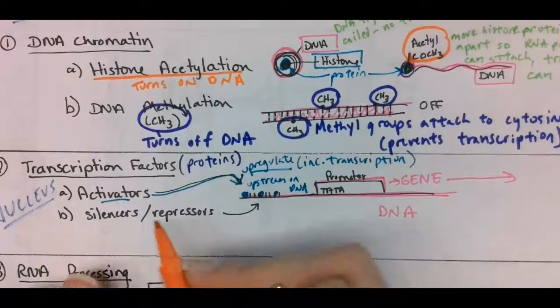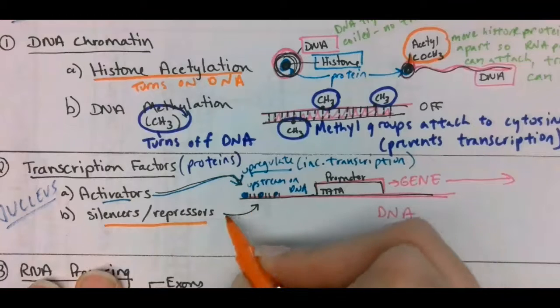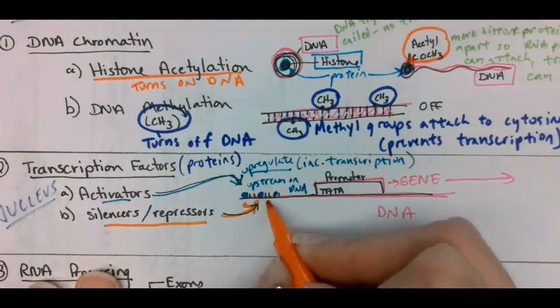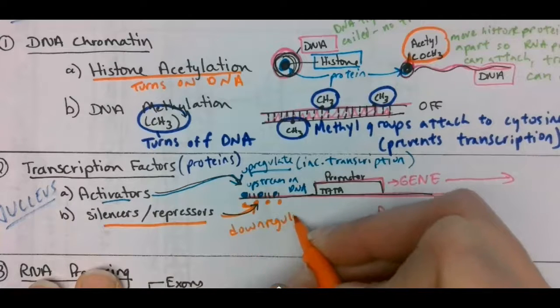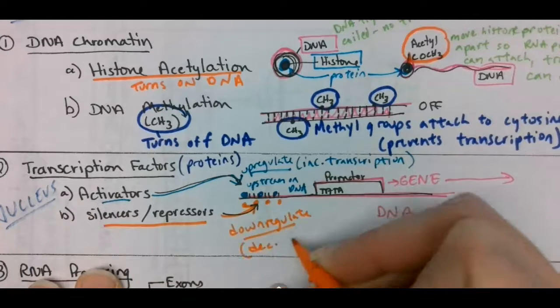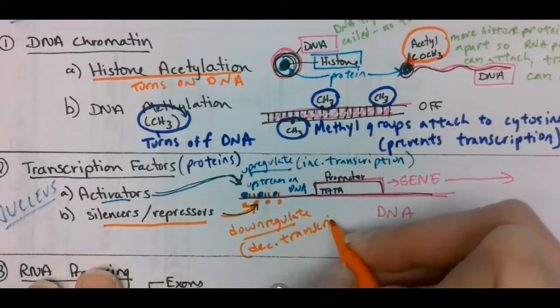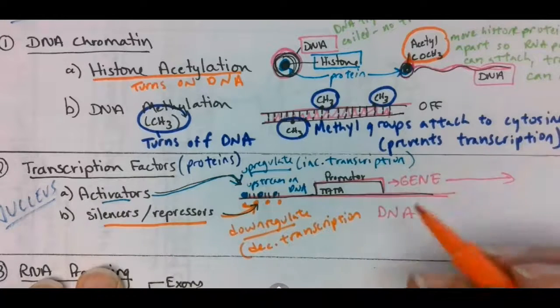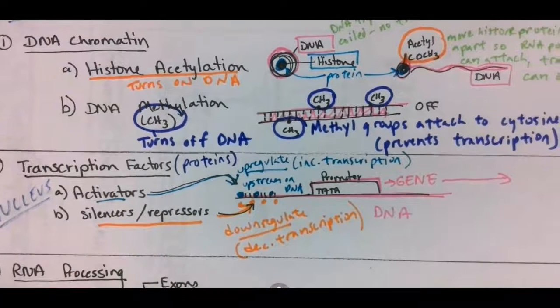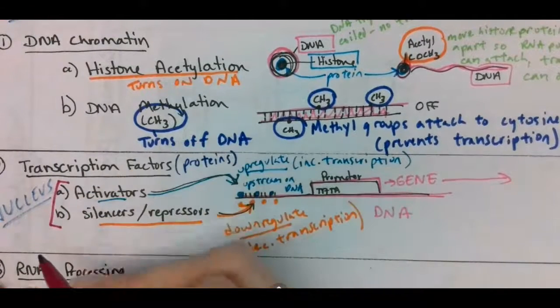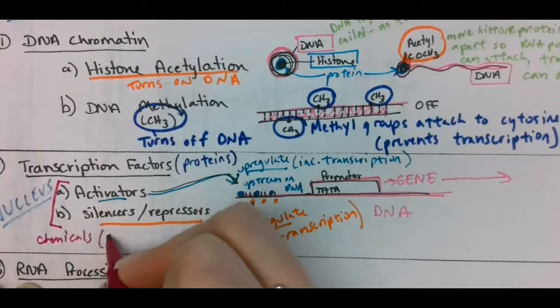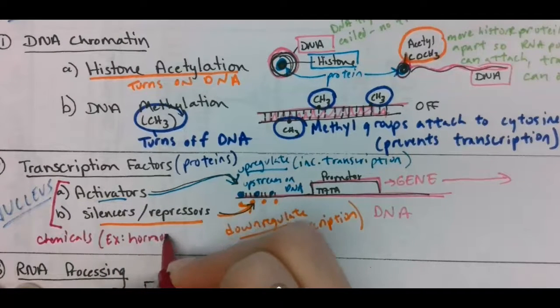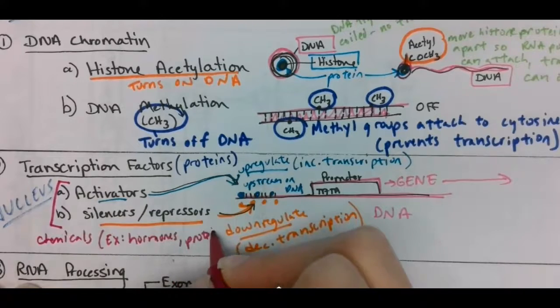Silencers or repressors. These can also bind upstream on the DNA, and these are going to downregulate or decrease transcription. Both activators and silencers are chemicals. They can be proteins, they can be other things. These are chemicals, and they can be hormones or other types of proteins.